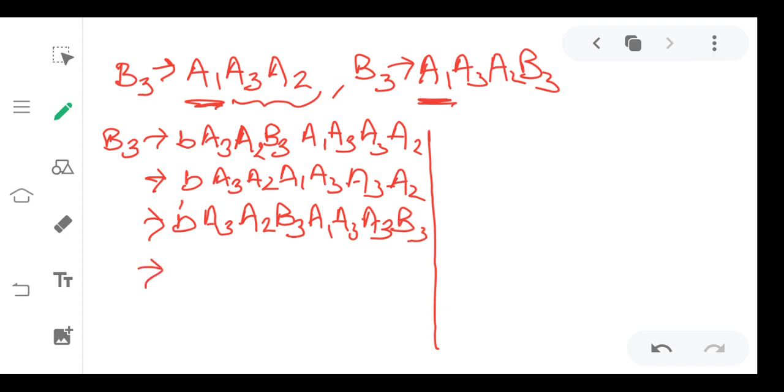Then B, A3, A2, A1, A3, A3, A2, B3. So like this you have to check and write.